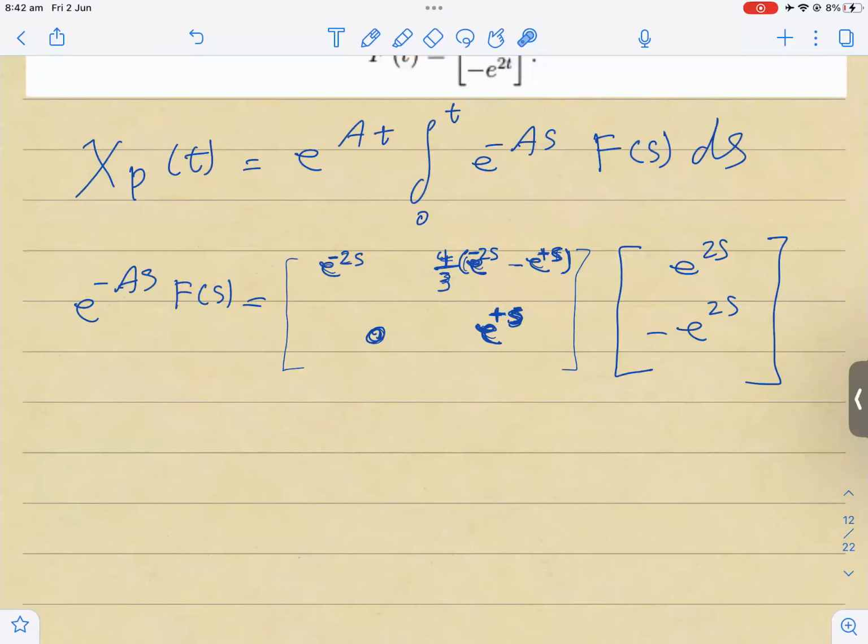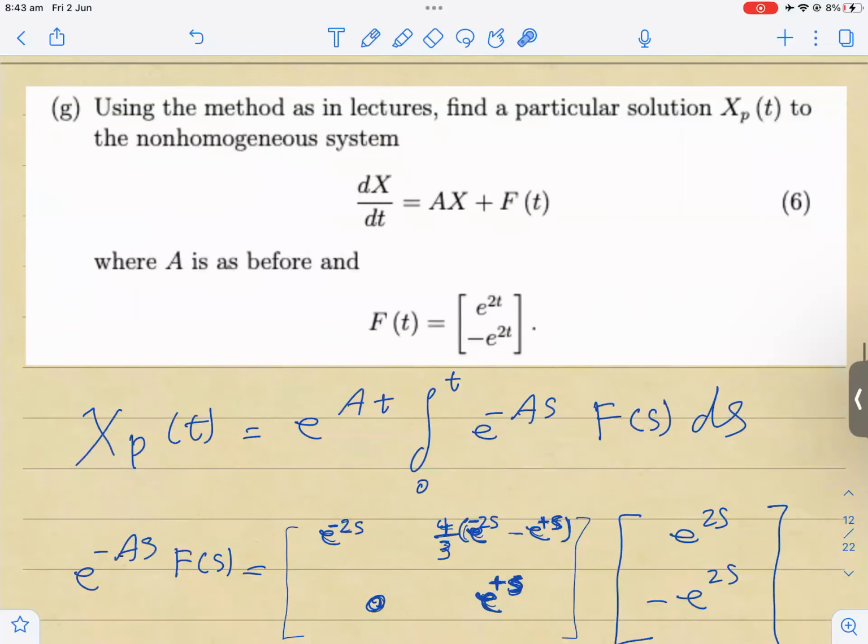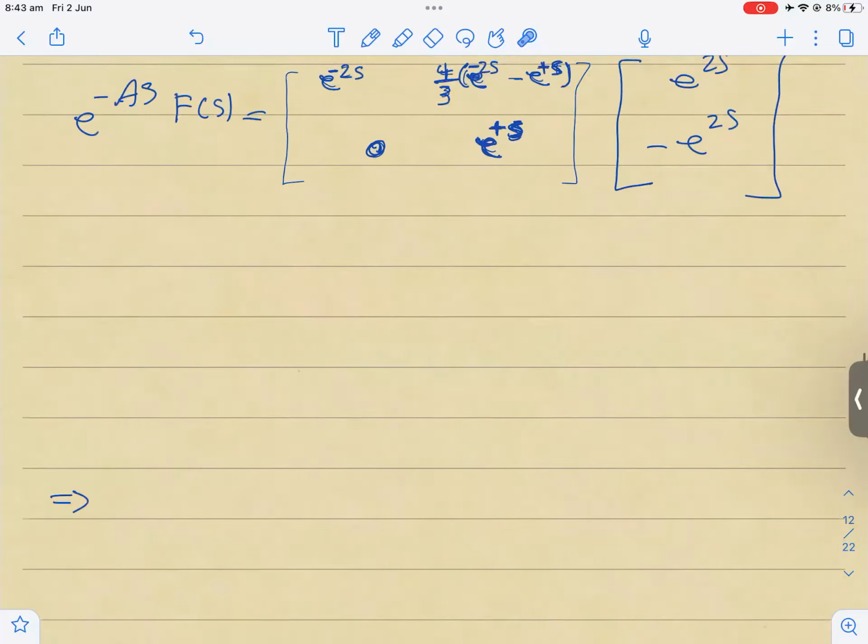So I was not happy. I erased everything and I didn't have time to rewrite. So I can obtain this, integrate the element twice, then multiply by this. Then I will obtain xp. Therefore, this question asks us to obtain the xp. But anyway, the general solution will be xc, the homogeneous part, plus xp.